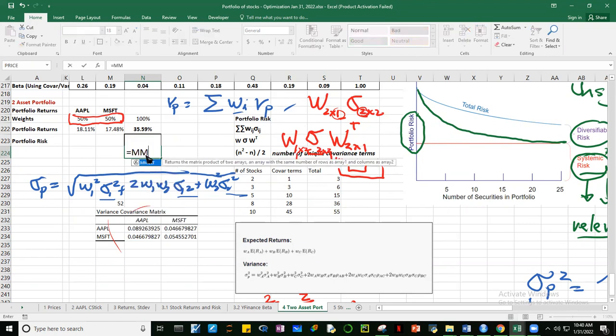Is equal to mmult of the weight matrix and then the variance covariance matrix. So this is our weight matrix, comma, variance covariance matrix. It's this one. There. Okay. Yan ang una, no? Yan ang una.